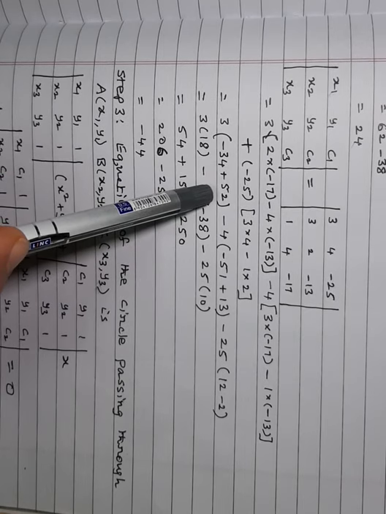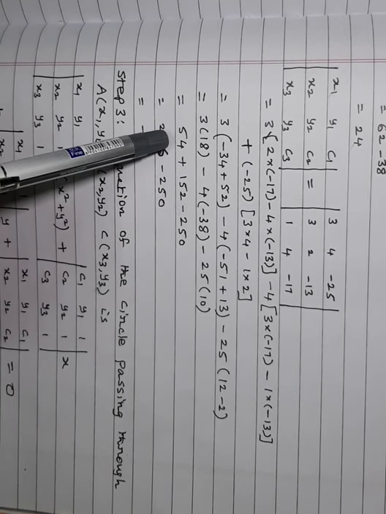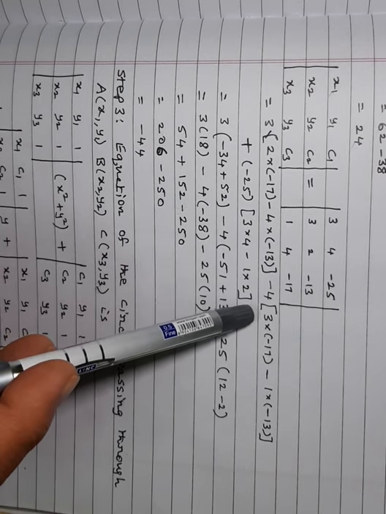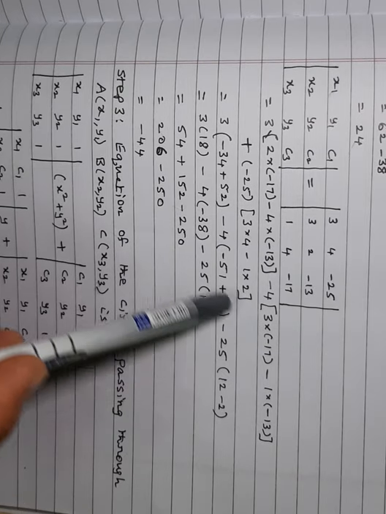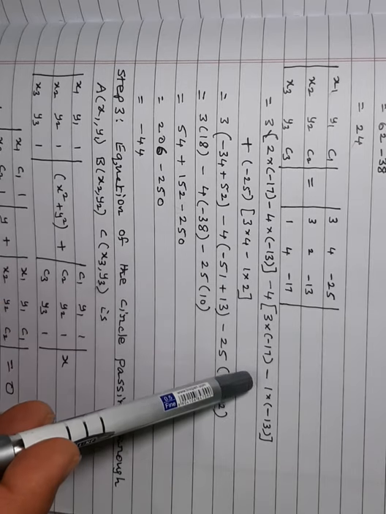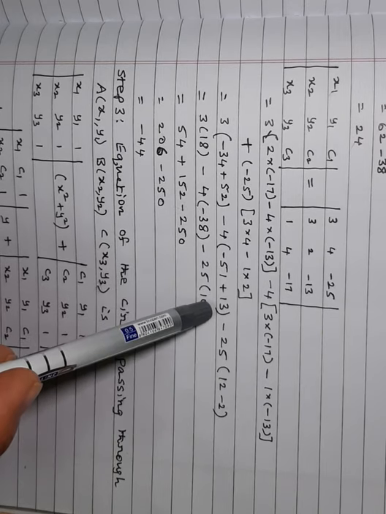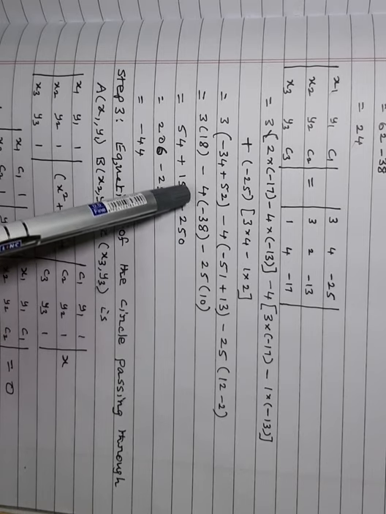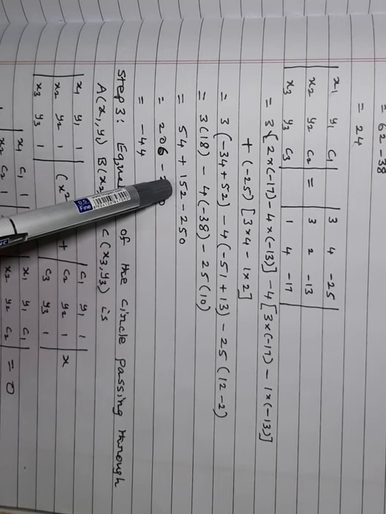Minus 34 plus 52 is 18. 18 multiplied by 3 is 54. 3 into minus 17 is minus 51. Minus of 1 into minus 13 is plus 13. Minus 51 plus 13 is minus 38. Minus of 4 multiplied by minus 38 is plus 152.